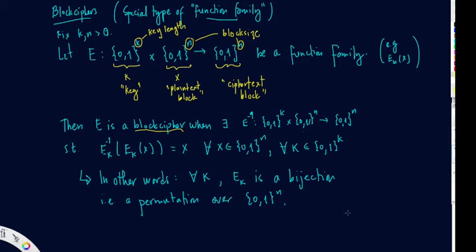So a bijection over n-bit strings is just a mapping that maps every x to a unique y and vice versa. If we were to draw this as set pictures, this is the set {0,1}^n, and here's that same set again.